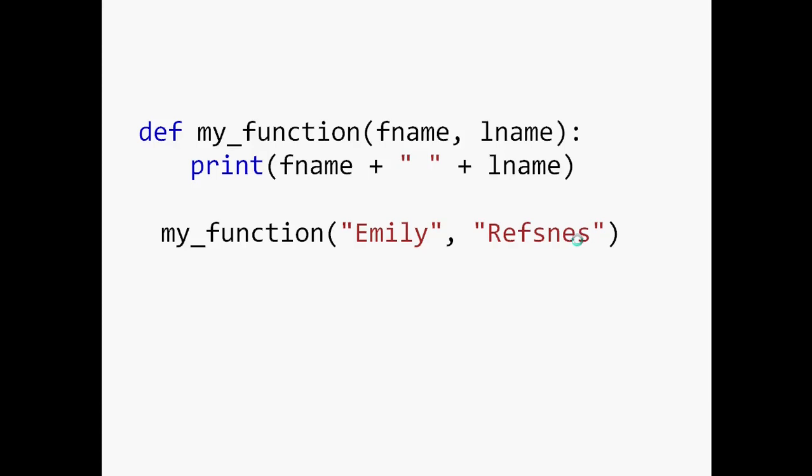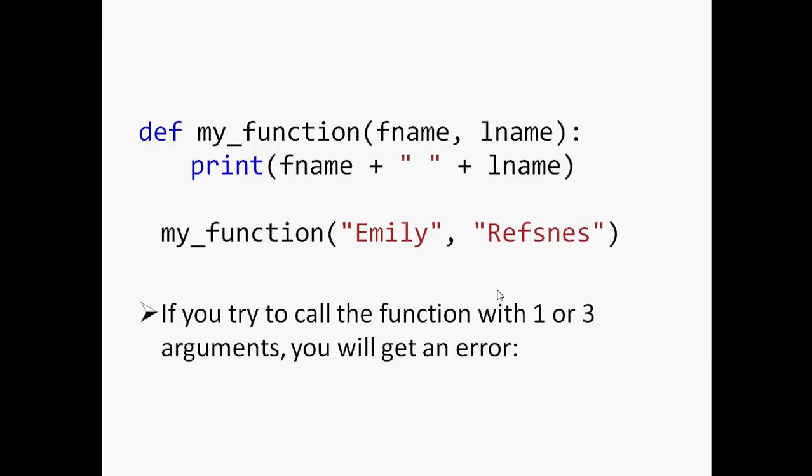That is, this function will concatenate these two arguments when passed in this function, and it will put a space between these two names. If you try to call the function with 1 or 3 arguments, you will get an error. You will pass only 2 arguments inside this function while calling.